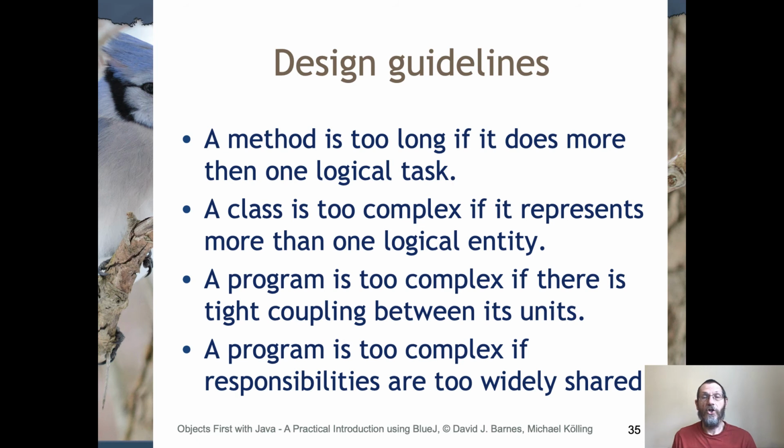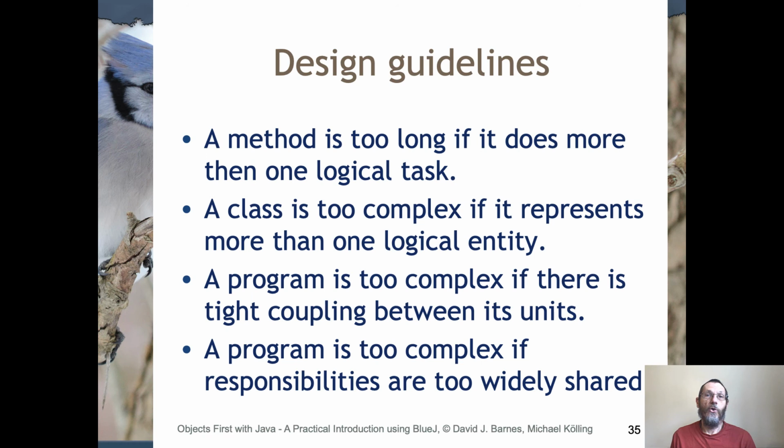So a method is too long, not because it has a large number of lines of code, but because it's trying to do too many separate tasks that would be better split off into separate methods. And a class is too complex if it's trying to undertake and model too many entities, and it would be better separated out. Again, it's not a case of how many methods there might be in a class. You can have classes with very many methods, but they're all supporting one logical entity, one logical bit of functionality within the context of a program, and that's not then a problem.